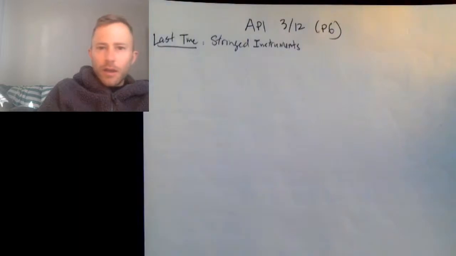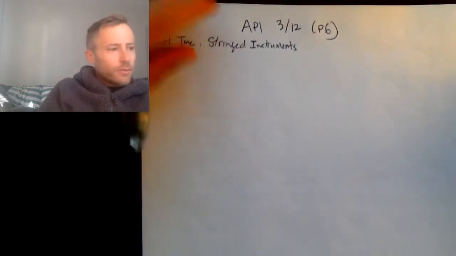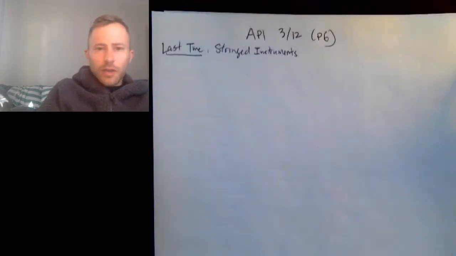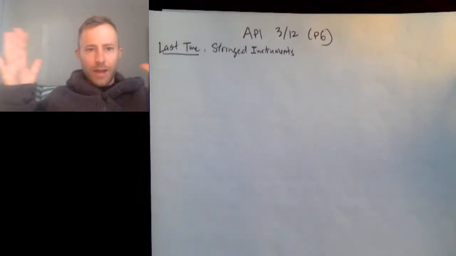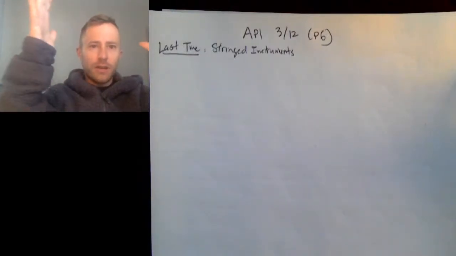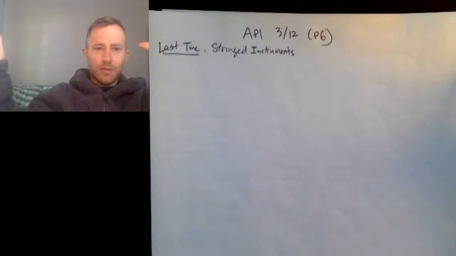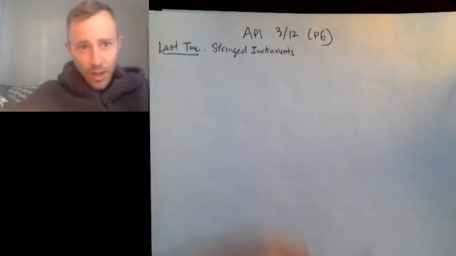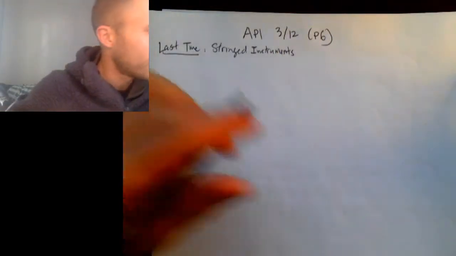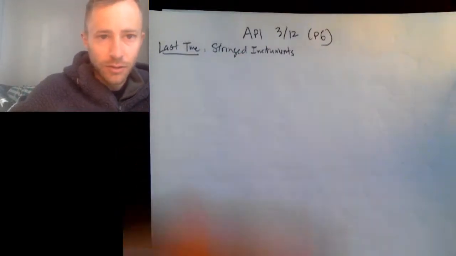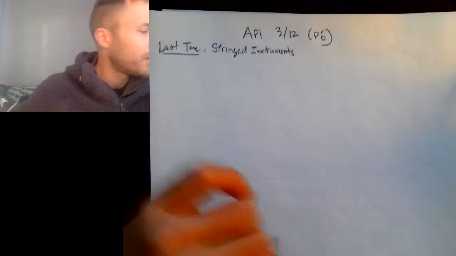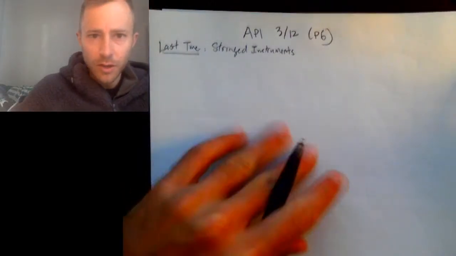What we found is that if you have a stringed instrument, because waves on a string are confined to go between one side and the other side, they create what are called standing waves. And you can't just have any standing wave on a string. They look a certain way. So we drew what they looked like.